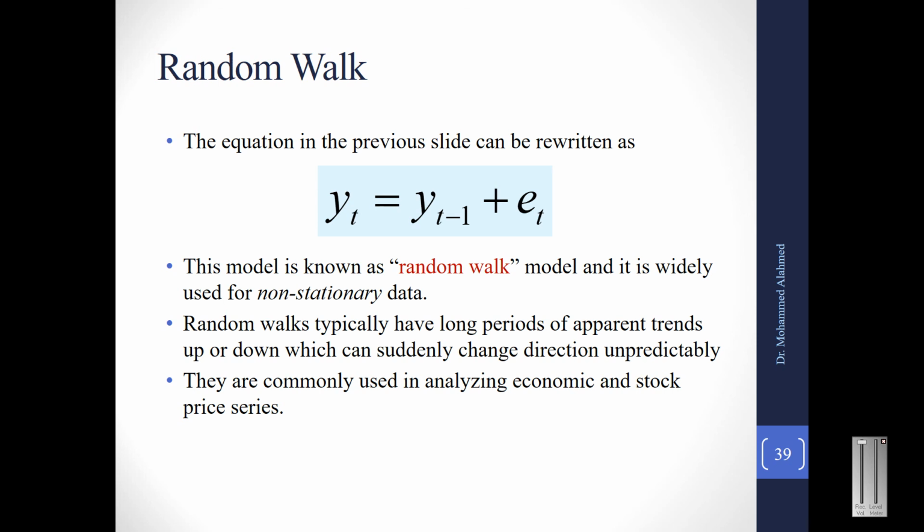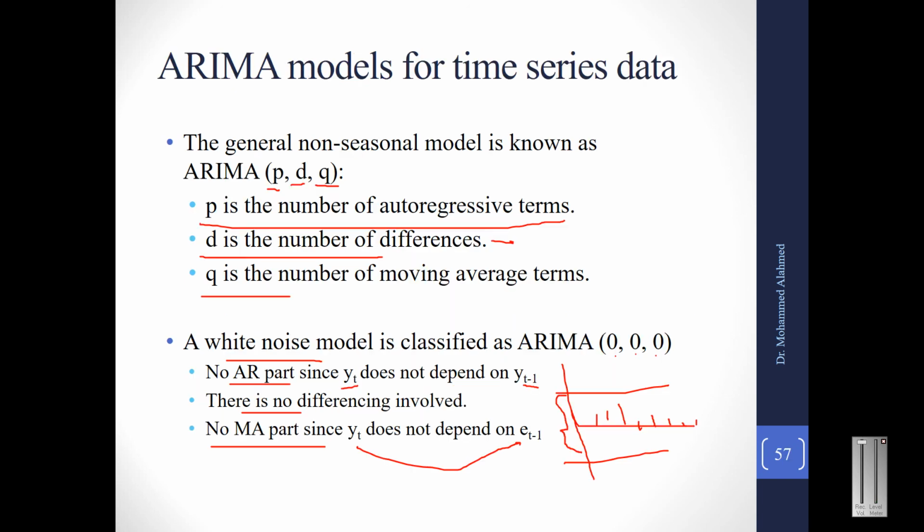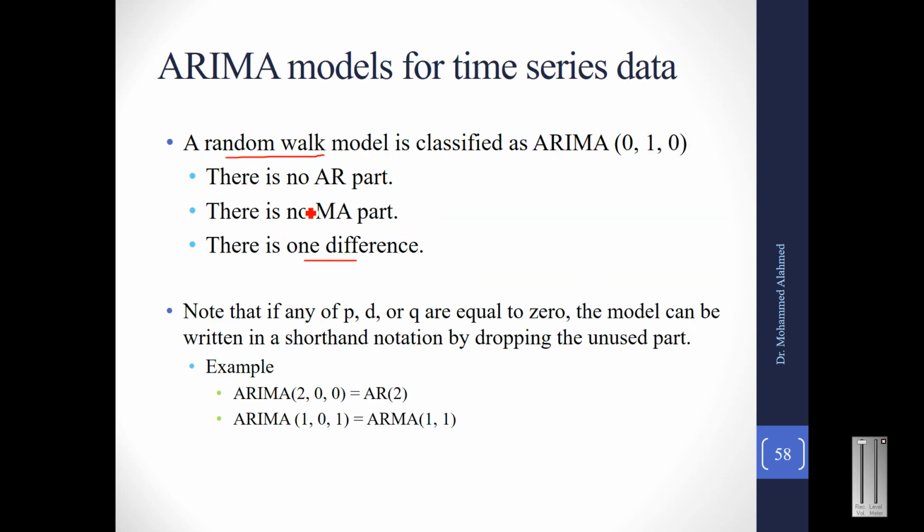Right, so this is a random walk model. As you know, if you do a single differencing here, you obtain a stationary series, right? So this random walk is non-stationary. You normally difference it once to make it a stationary series, and that is what we were discussing in the slide. So there is one difference.